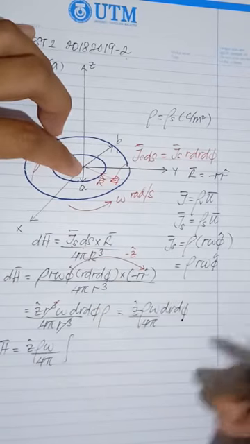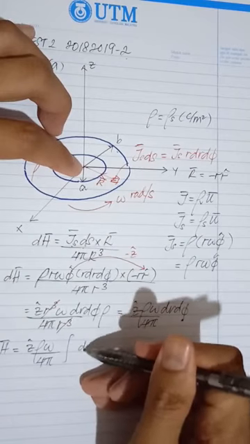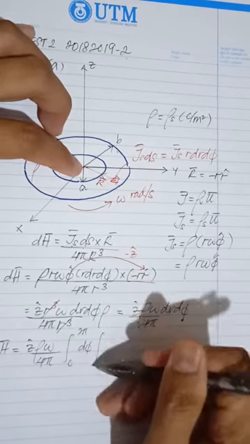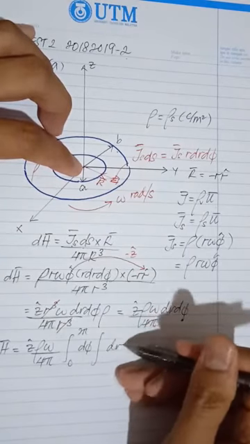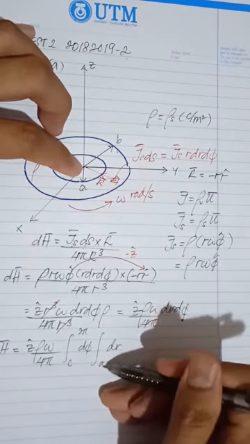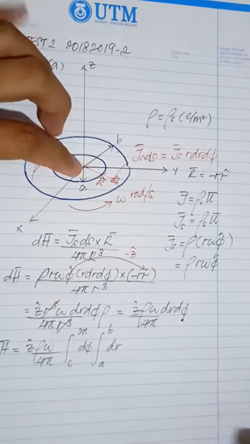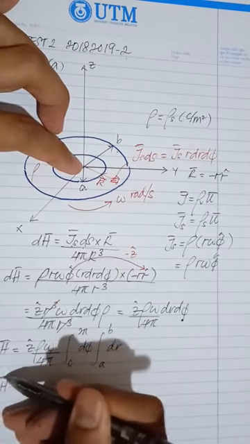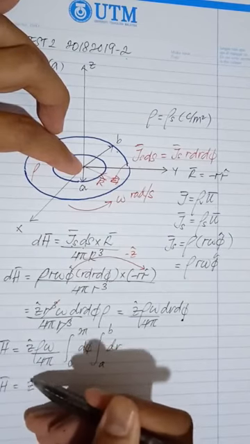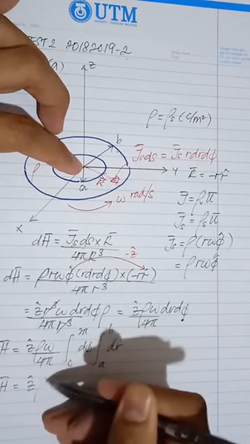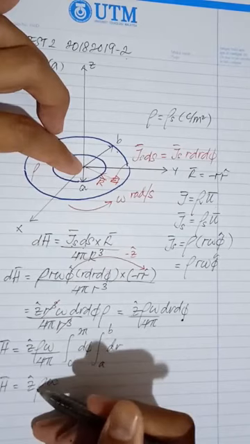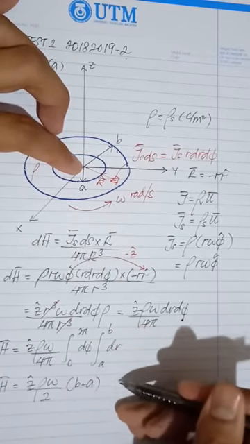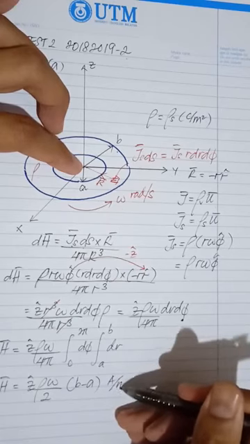Now integrate over phi from 0 to 2 pi, and also integrate over r from a to b. After you integrate, you're going to have this final equation: z component, rho omega over 2 (b minus a) ampere per meter.